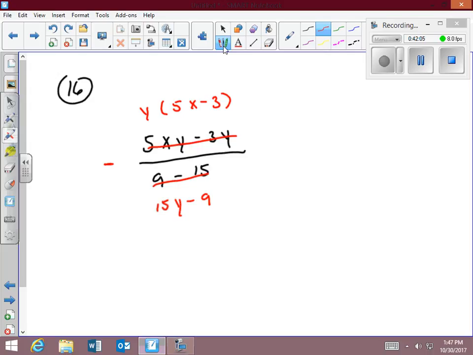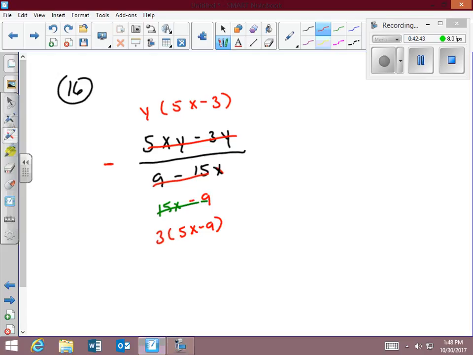So then that would make this one an x. So this would be 15x minus 9. Now then, that 15x minus 9, you could pull a 3 out of it, couldn't you? So then that would be 3 times (5x minus 3).